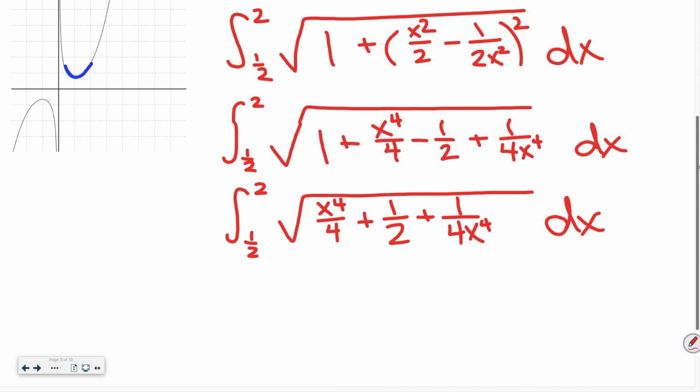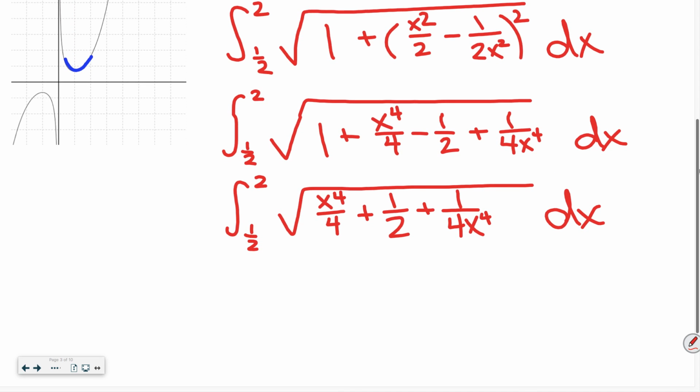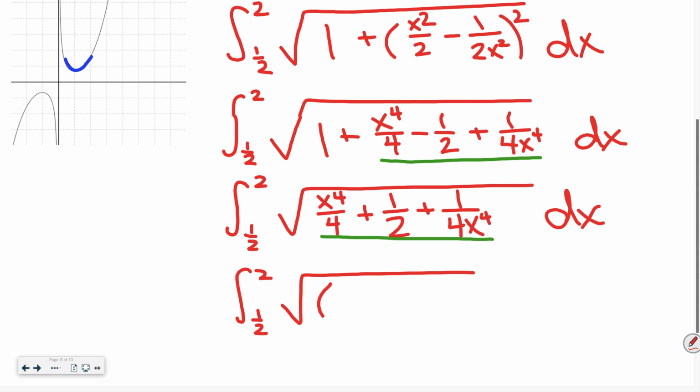Well, the x to the 4th is kind of on the opposite side of the fraction. Do those two look very, very similar? Yeah. One has the subtraction for 2ab, one has the addition for 2ab, which means we know how this factors. We know that this is going to factor to x squared over 2 plus 1 over 2x squared, squared.